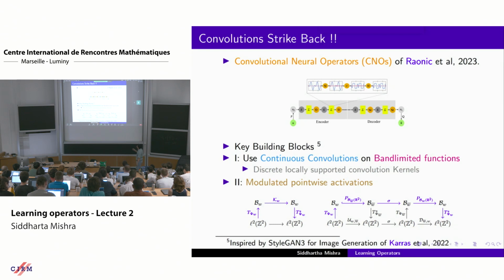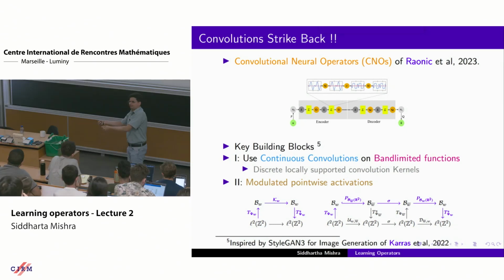You start with a signal, you increase the resolution, apply the nonlinearity, and then you decrease the resolution. This also is a commutative diagram under certain conditions, and then we can show that this is a Reno. So the two building blocks are you modify convolutions and you modify nonlinearities, so that these are representation equivalent.